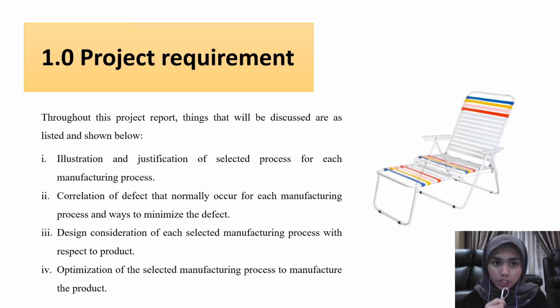As for the introduction, the project requirement is started here. Throughout this project report, the things that will be discussed are as listed below, which are the illustration and justification of the selected process for each manufacturing process, the defects that normally occur for each manufacturing process and ways to minimize them, and the design consideration for each selected manufacturing process with respect to the product.